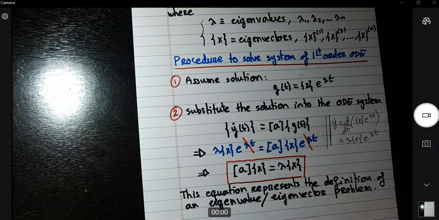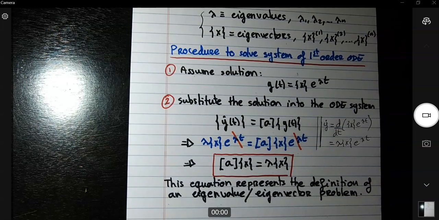Okay, so the eigenvalue, eigenvector problems are not difficult to solve, but the understanding is sometimes a little bit more tricky. So what is the meaning of this equation?